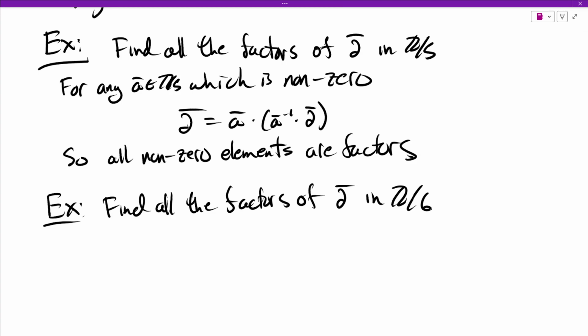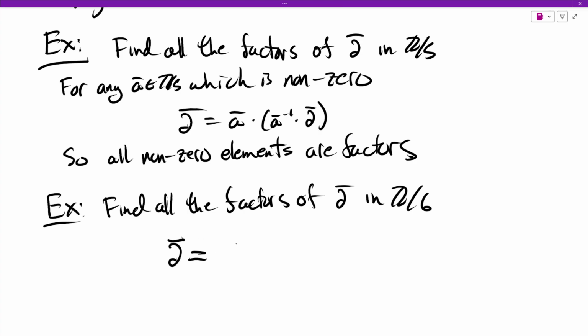Well, in Z mod 6, we can write 2 in the following ways. Well, we can write it as 2 times 1, but that's like one of the previous examples where it's a unit times the unit inverse times 2. But the interesting factors are the ones that aren't associates, so not related by this unit thing.